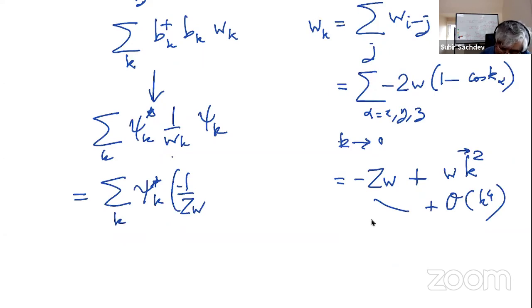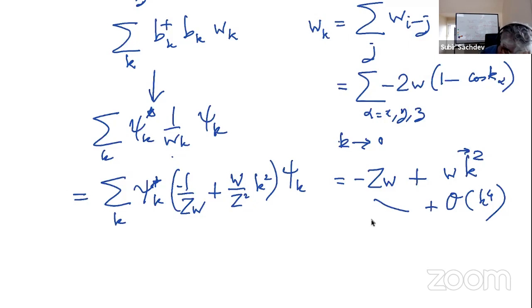And then you get some correction, something like W over z squared, k squared times psi k.